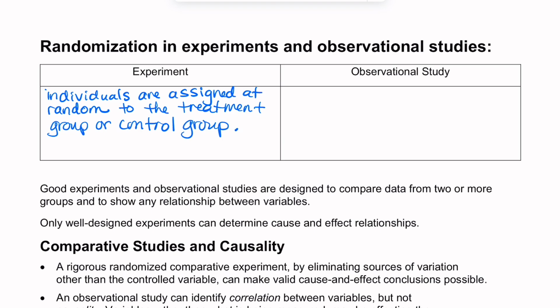Okay, in an observational study, when possible, random samples can be selected for the groups being studied.